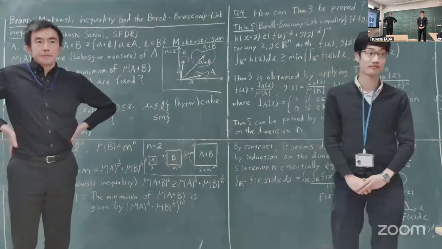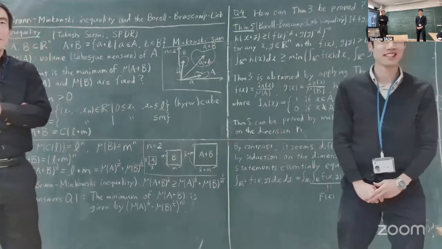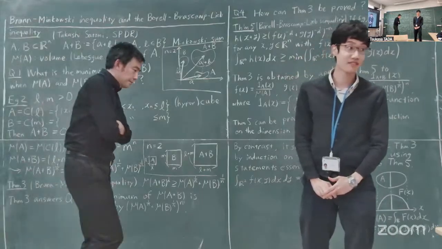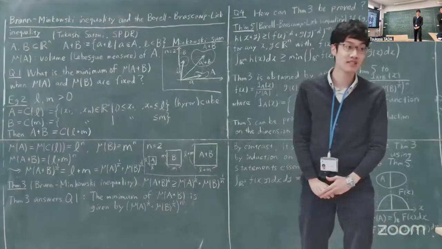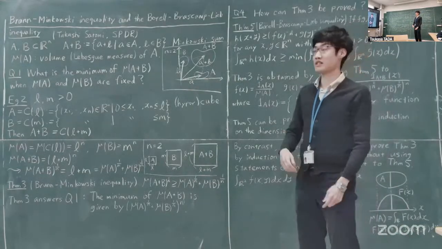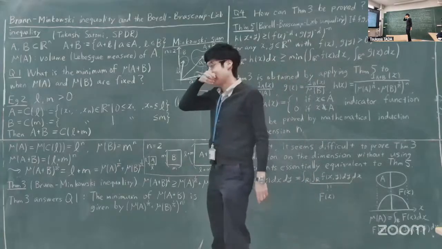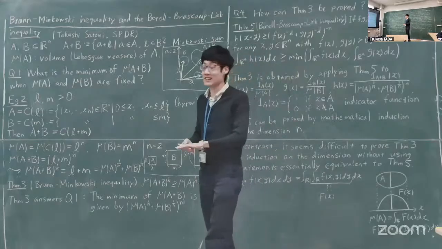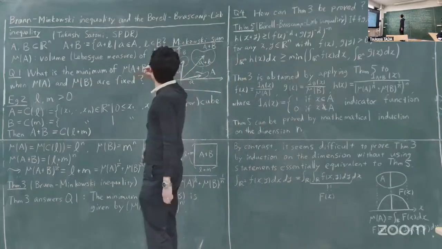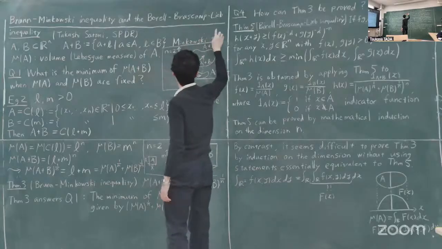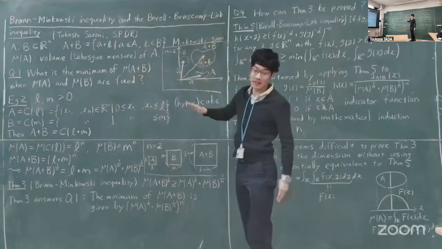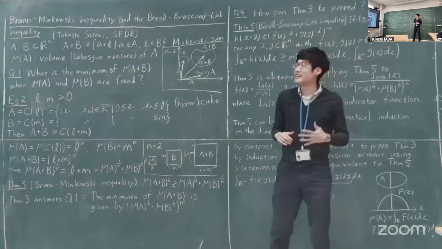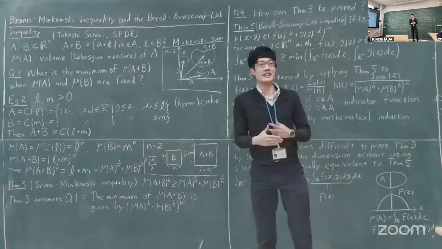Yes. I am a physicist, so no expert. So this is a pure mathematics problem. I don't know whether there's any application to physics. I am not familiar with the application in physics, but in the paper of Brascamp and Lieb, it can be applicable to the diffusion equation.